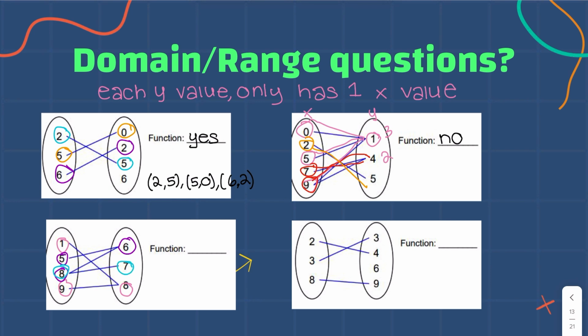So therefore, this once again is not a function, because at least one y value has multiple x values. And the last one is a function because we can make our ordered pairs: 2 pairs with 4, 3 pairs with 3, and 8 pairs with 9. If the diagrams are a little confusing, feel free to write them out in ordered pairs, and you should see each y value only once.